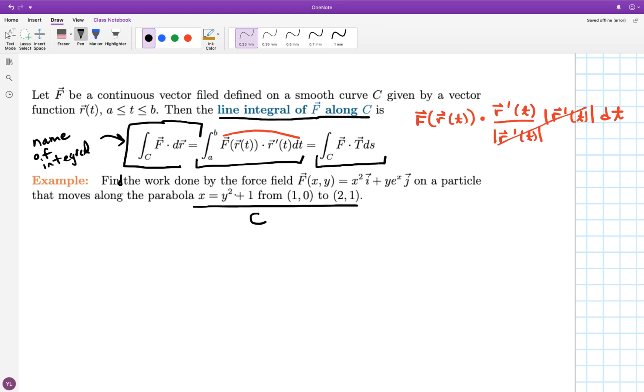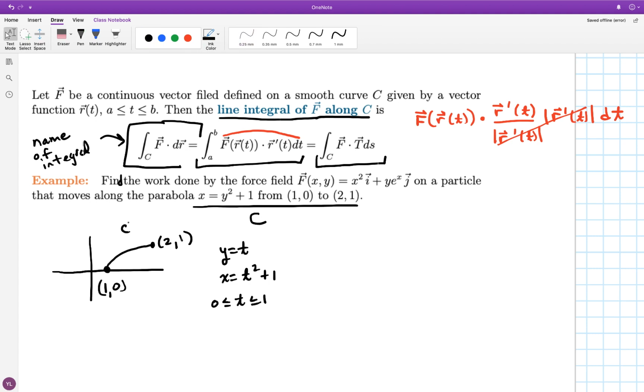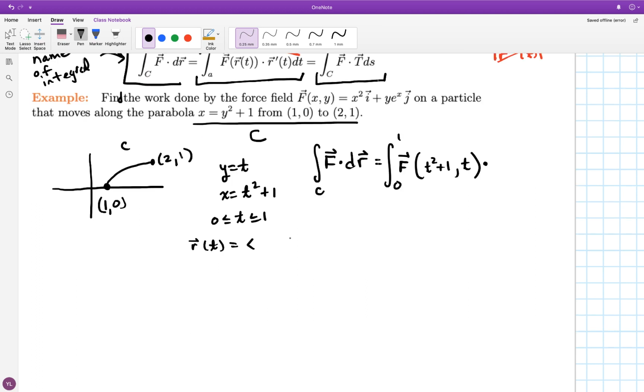So it looks like x is a function of y. I'm going to go ahead and use y as the parameter then. There's a parameterization of the curve C, and now I'm ready to set up my line integral of the vector field. Okay, so here is the parameterization and the derivative, r prime.